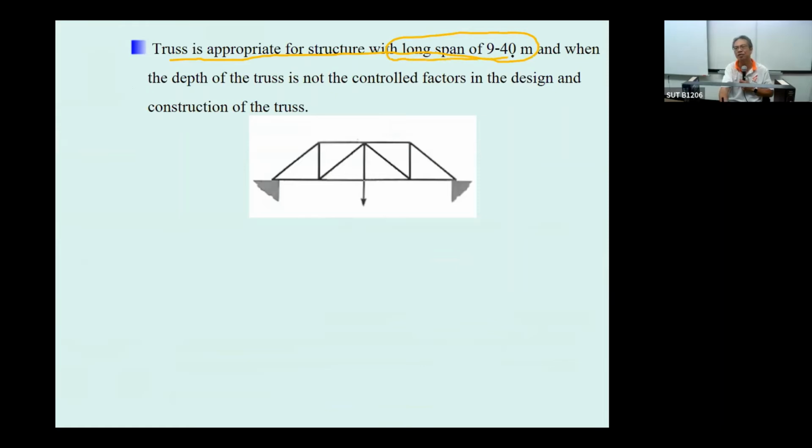If you're going to design a bridge across the river, the truss is the most effective structure for this kind of design.